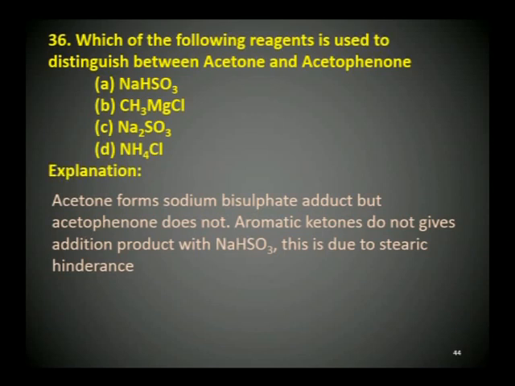When acetone reacts with NaHSO3, a white crystalline precipitate is produced, whereas when acetophenone is used, a crystalline precipitate is not produced. So that gives us a test for distinguishing between acetone and acetophenone. So the answer is A, sodium bisulfite.